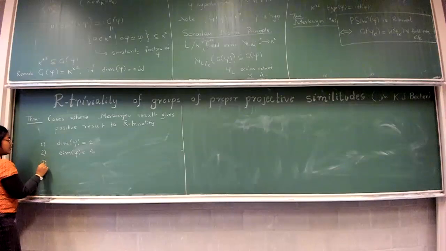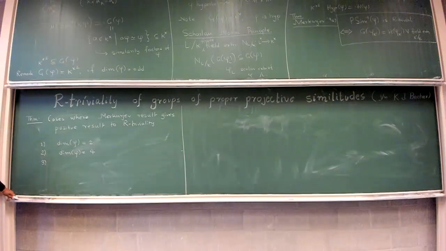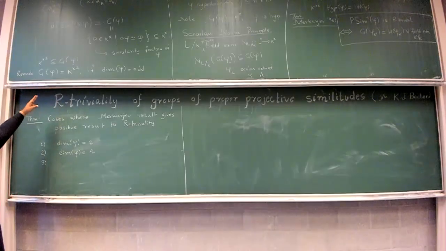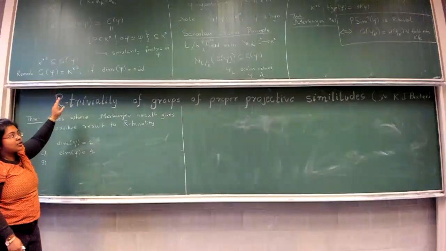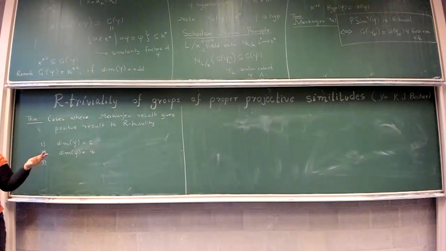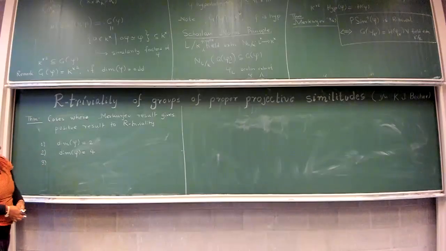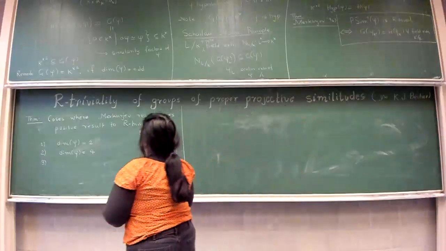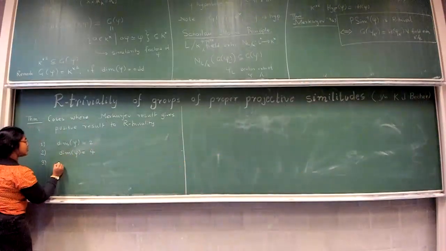And by the way, for odd dimensional forms, I mentioned that it will be the whole K star, and when it is odd dimensional, this H of q will also be K star, in K star square, sorry. Here is the definition of this H of q.